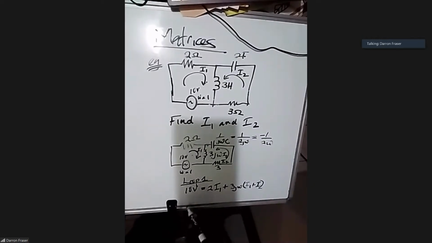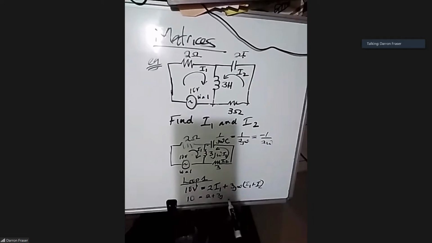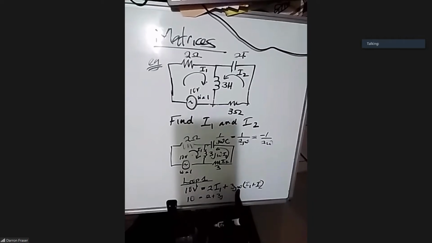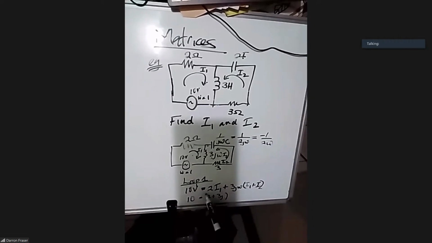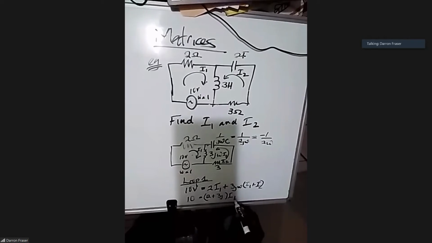All right, and we can simplify that to 10 is equal to 2 plus 3J I1, omega is 1, plus 3J I2.